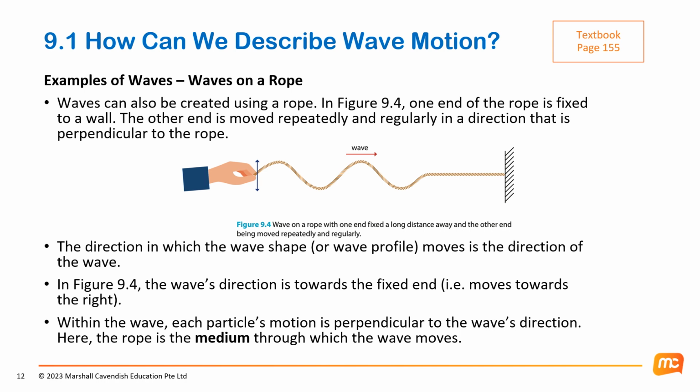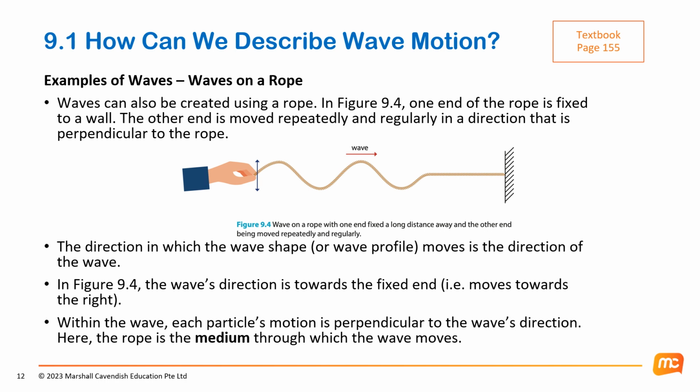The other end is moved repeatedly and regularly, up and down. You can see in the figure the person's hand, with the arrows, moving the end of the rope up and down, and the direction that the shape of the wave travels is the direction of the wave. In this case, that wave is traveling from left to right.